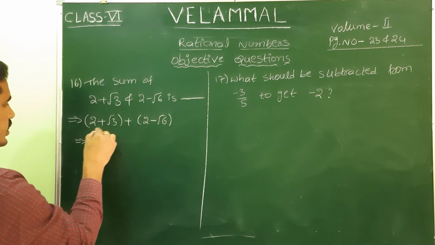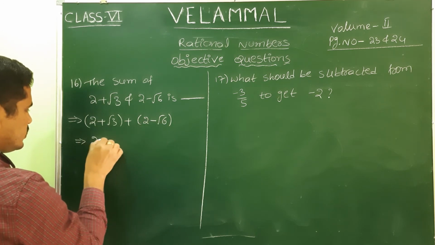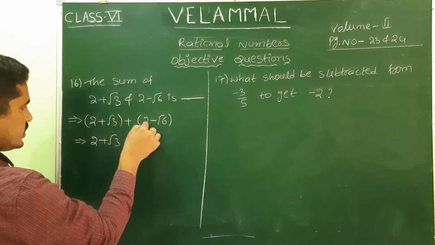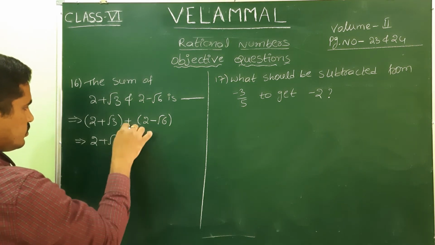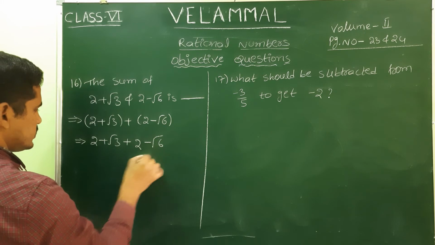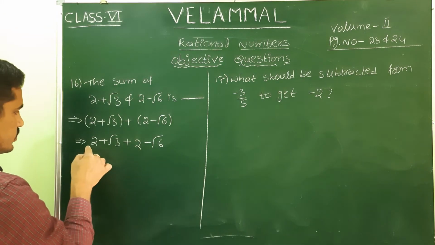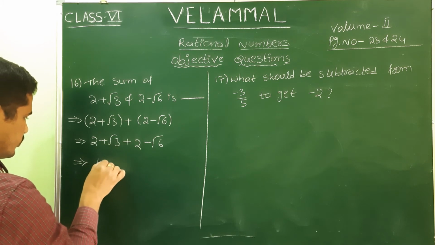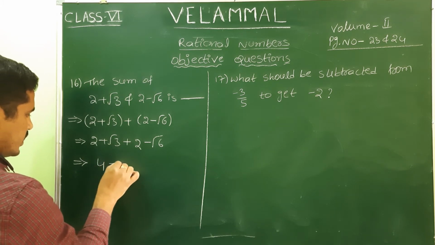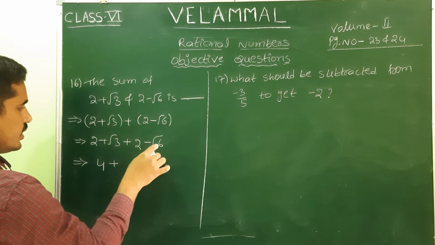So now we need to remove the brackets. 2 plus root 3 plus into plus 2 plus into minus root 6. So by that here 2 and 2, these two are like terms. So 2 plus 2 is equal to 4 and plus root 3 and root 6.